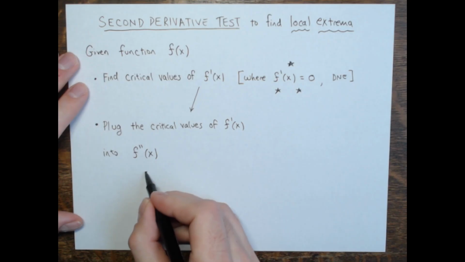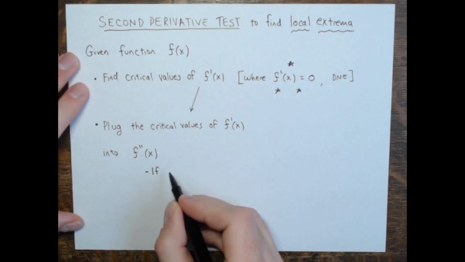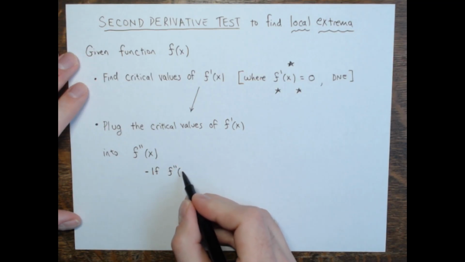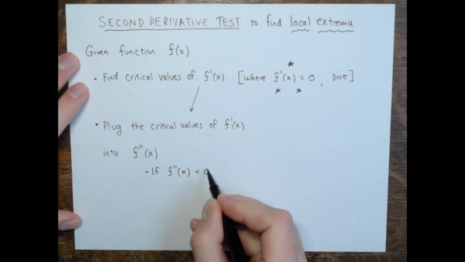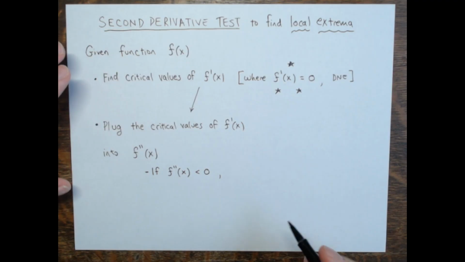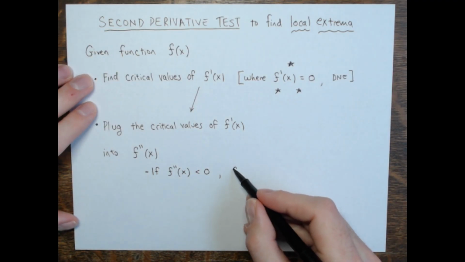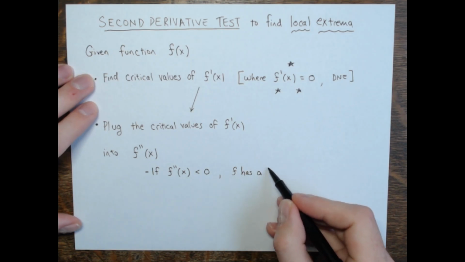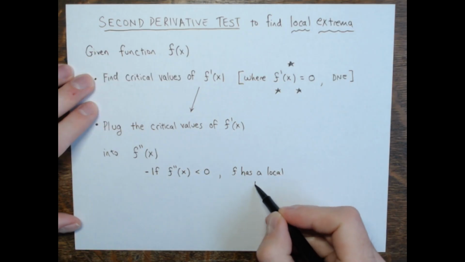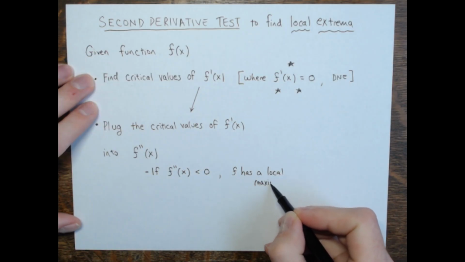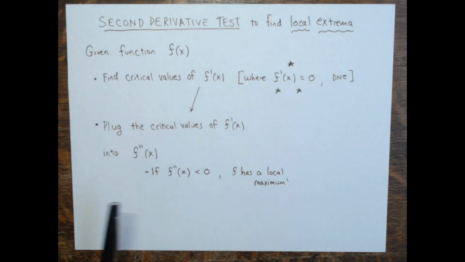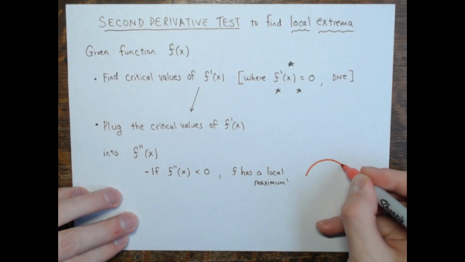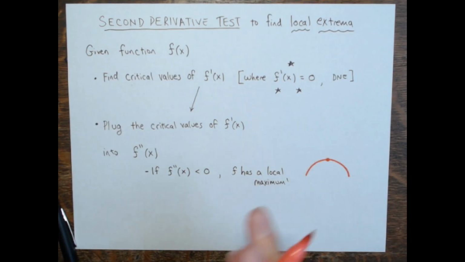Now here's the test. If the value of the second derivative is negative, so less than 0 at this critical value, well, that means f has a local maximum at that critical value, right? Because say you're at a piece of curve like this where there's a top of a hill.